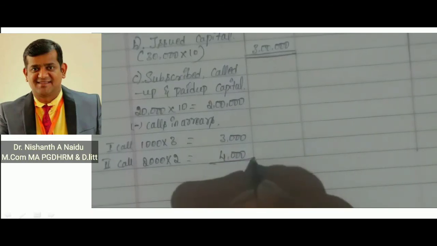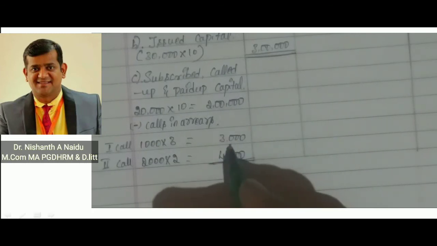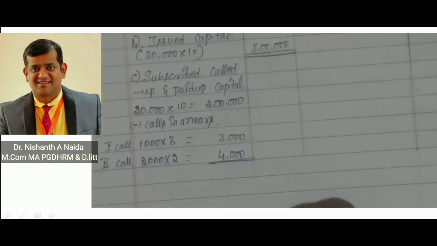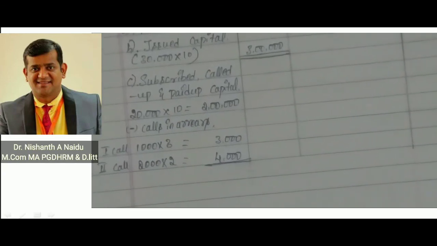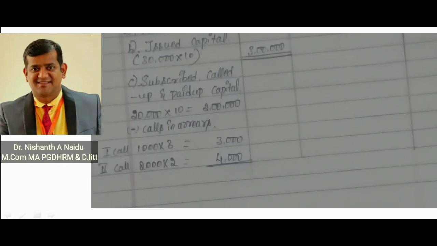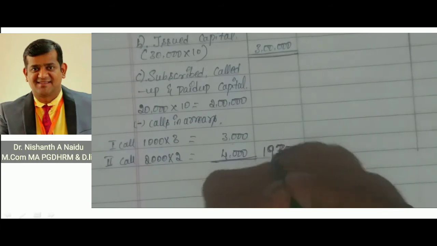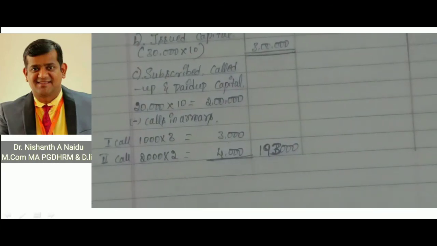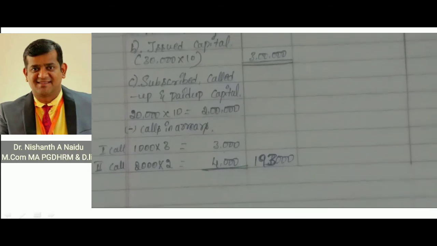Now deduct this: 2 lakh minus 3,000 minus 4,000. If you use the calculator, your outer column amount will be 1,93,000.